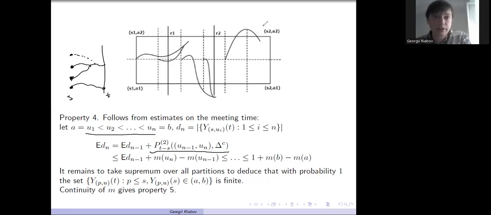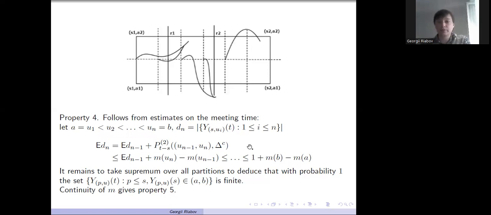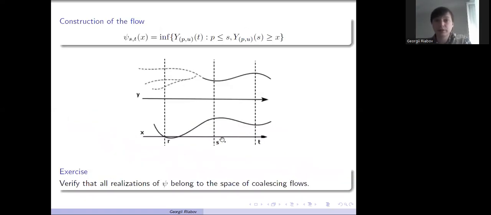Okay. After we checked properties of the skeleton, we can define the flow. And the flow is defined by approximation from above. So at every point x, we look at the infimum of all processes y at time t that were above x at time s. Actually, there are two possibilities.